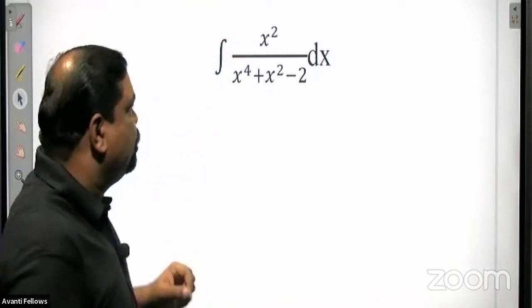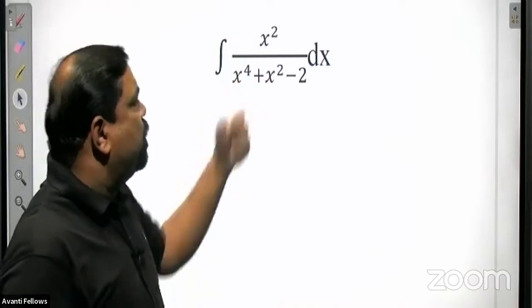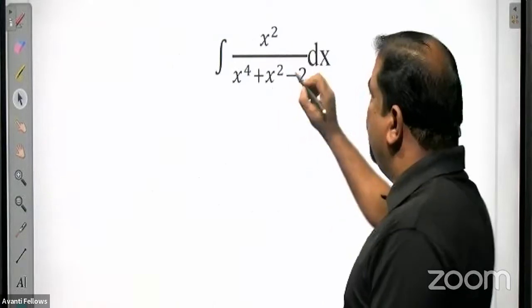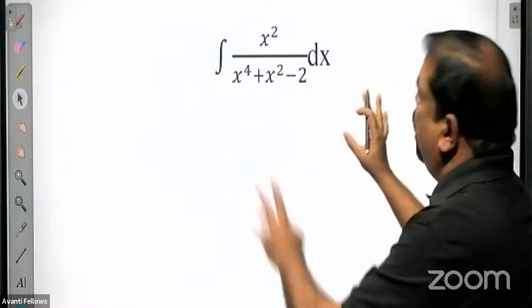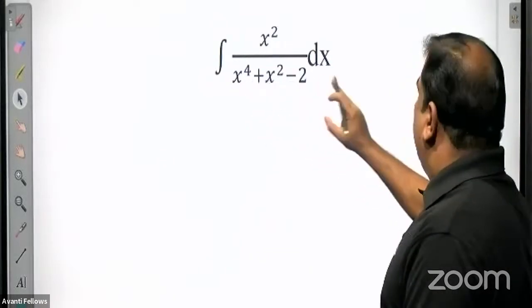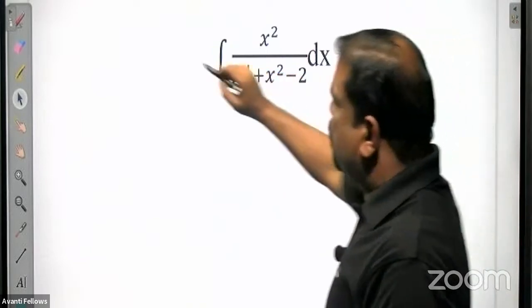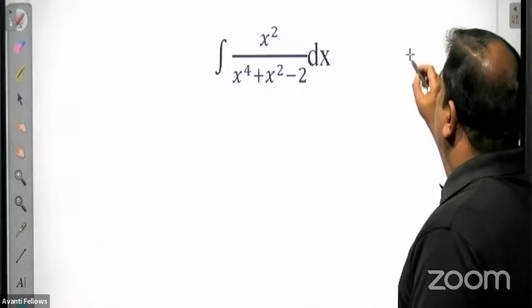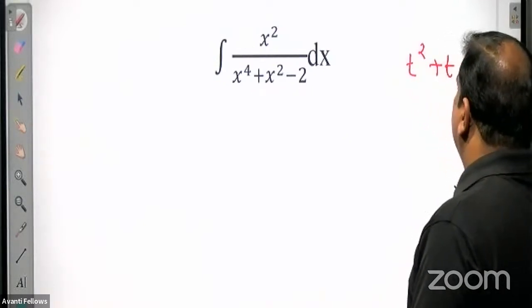Any idea? You can see the denominator. If I put x square as t, not for integration, just for factorization, imagine in your mind x square is equal to t. Then the denominator becomes t square plus t minus 2.